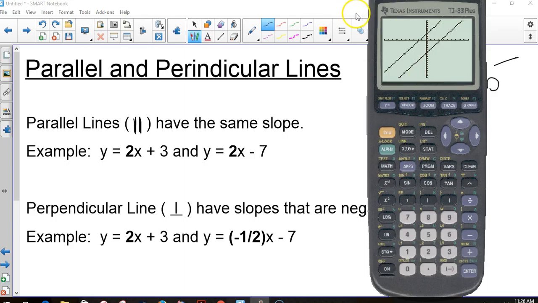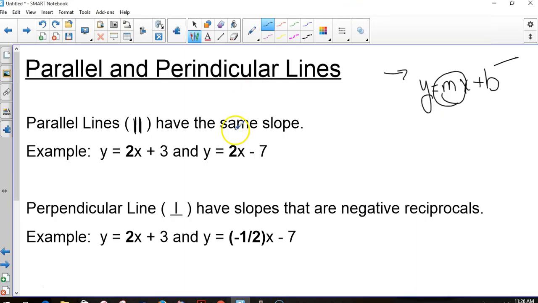More than likely, the 2 lines would intersect if you put 2 lines on the same plane, but they could intersect in a very special way where I have perpendicular lines, and this is a symbol for perpendicular, this kind of upside down T. Perpendicular lines create a 90-degree angle. So we are very interested in perpendicular lines. 2 lines are perpendicular if their slopes are negative reciprocals. And so if you flip and switch, flip the fraction, switch the sign, then you get negative reciprocals.